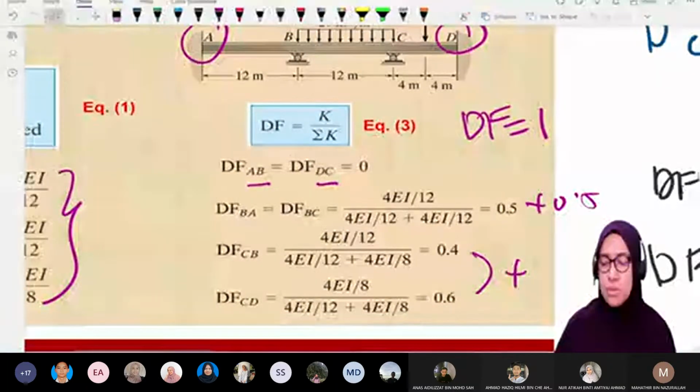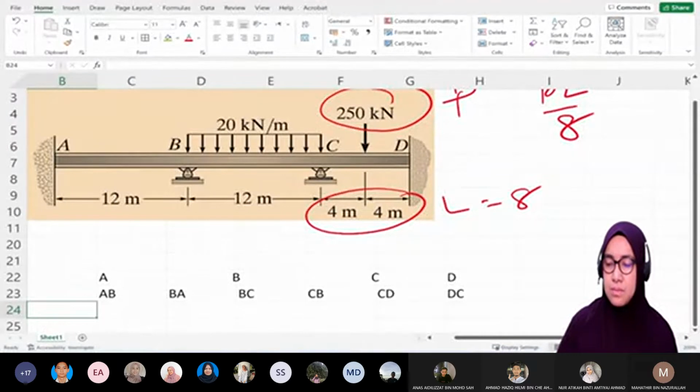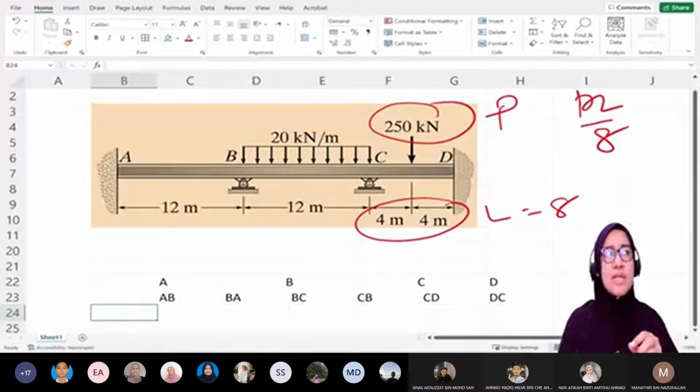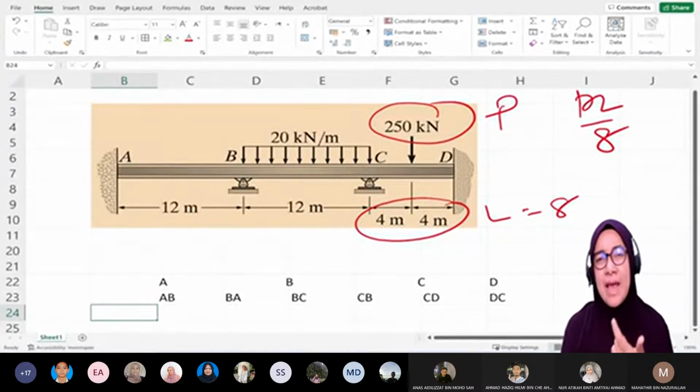So we look at how to program this into Excel. Okay, the first step is to calculate K, because K will be used in DF.